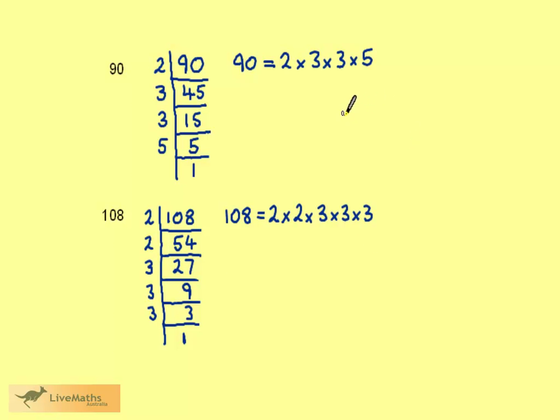Another method for doing this is called the factor tree. We take 90 and just look for two numbers that multiply to give us 90.